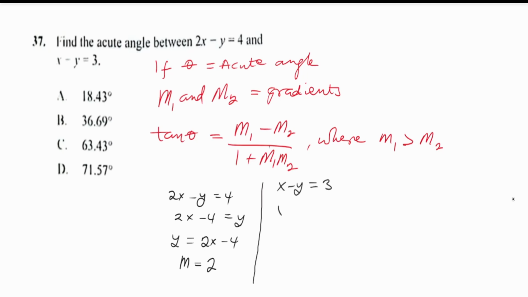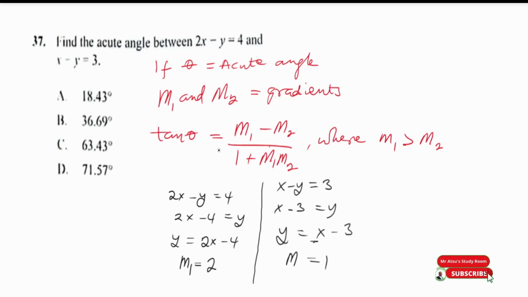We have x minus 3 equal to y. Rewriting, we get y equals x minus 3. And the gradient here becomes the coefficient of x, which is 1. And now by looking at the two of them, we can safely say that this is m1 and this is m2, because m1 should be greater than m2.